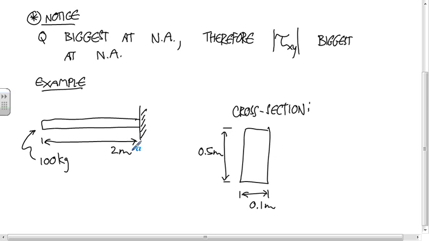And we want to know, if this is the middle, we want to calculate the total stress of a point along this line at the midpoint between the neutral axis and the top.